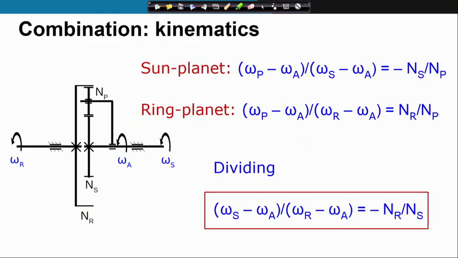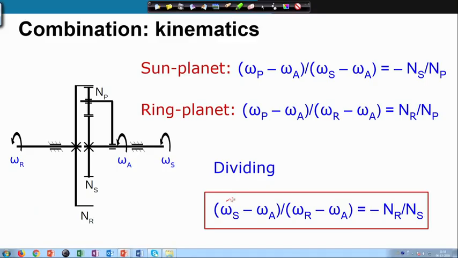Now, if you divide one by the other, then you can find out this relation between omega sun, omega arm, omega ring in terms of the number of teeth on the ring and the sun. You will notice that this does not involve the planet anywhere. So, you have a relation between the angular speed of the sun, the ring and the arm in terms of the number of teeth on the ring and the number of teeth on the sun.